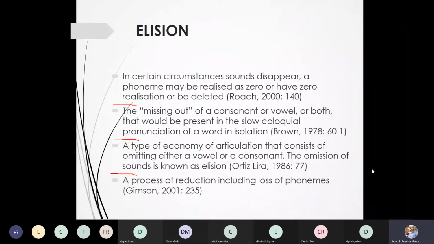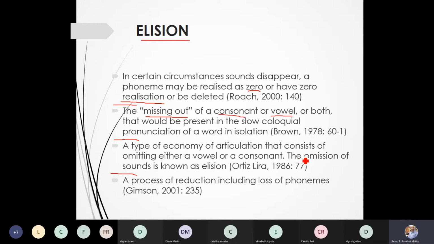Thank you so much. So we have different phoneticians, Roach, Brown, Ortiz Lira, and Gibson, giving definitions for the same concept, elision. Roach talks about zero realization, which is basically the sound is not there. Brown refers to a sound missing, which might be a consonant or a vowel.